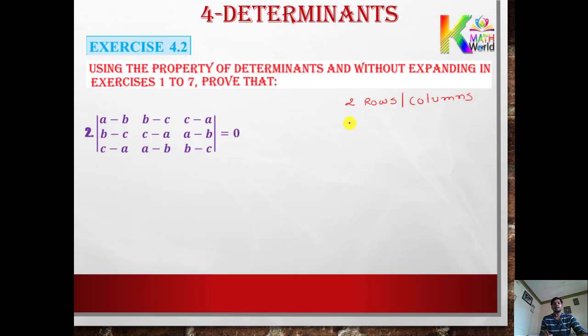Second thing, if elements of any one row are a multiple of another row, then also the value of the determinant is 0. Third thing, if in any row or any column each and every element is 0, then also the determinant is 0.